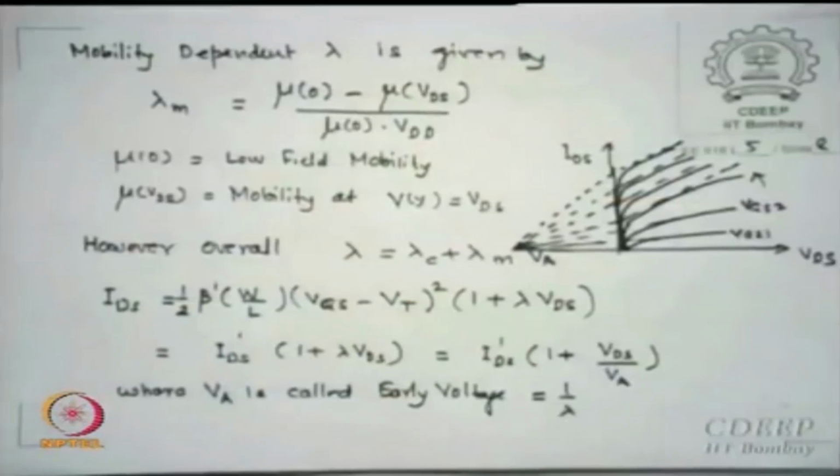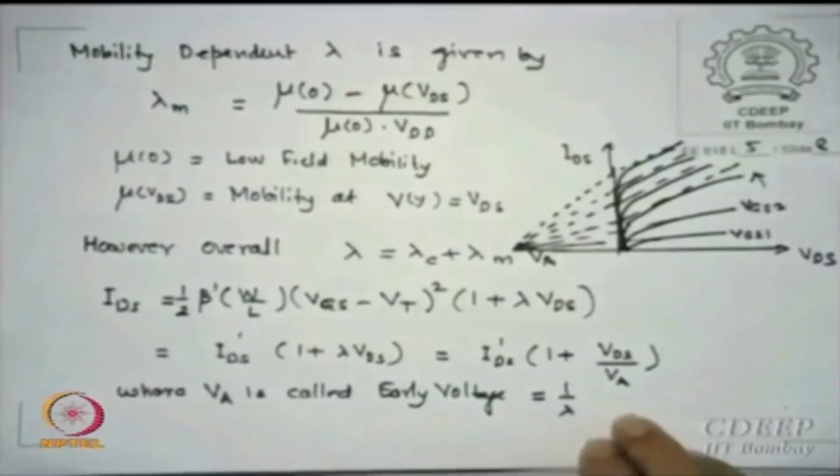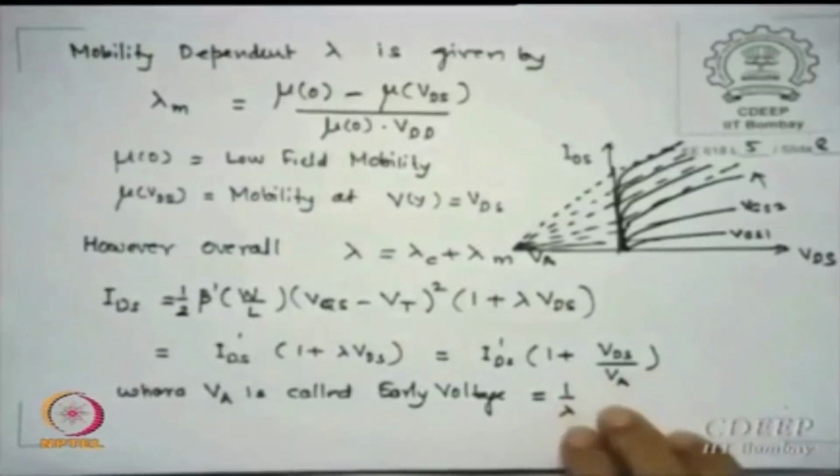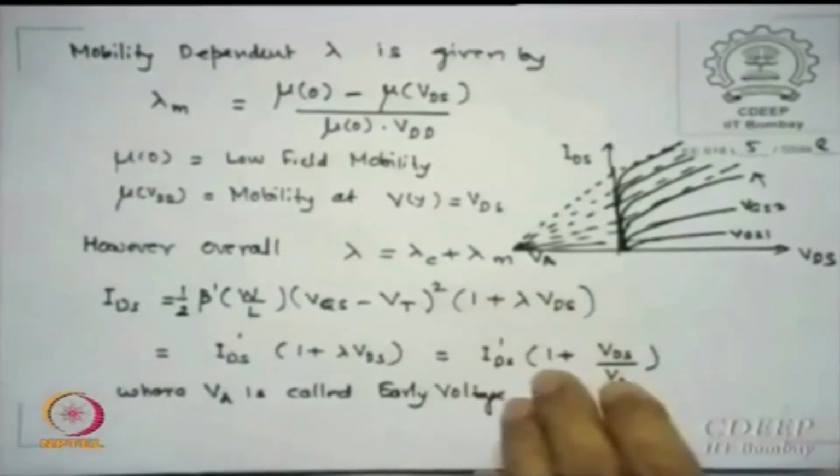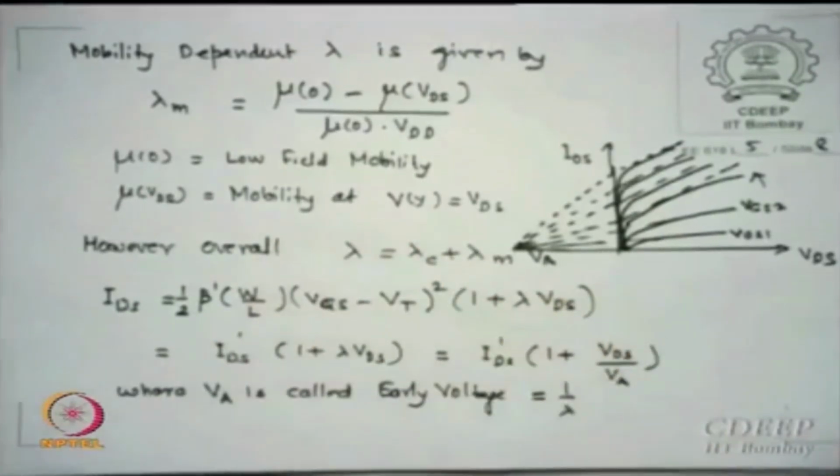This is called the early voltage. Many times instead of specifying lambda they may specify the early voltage, which indirectly gives you lambda: 1 upon VA is lambda. In many problems I say the early voltage is so much, and that essentially gives you the slope characteristics.